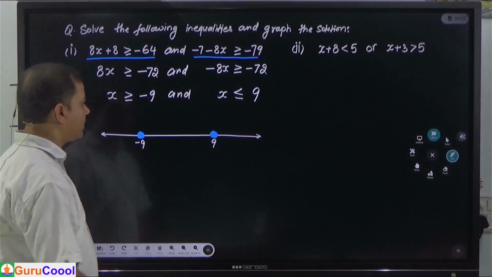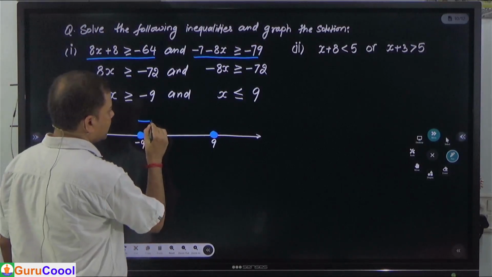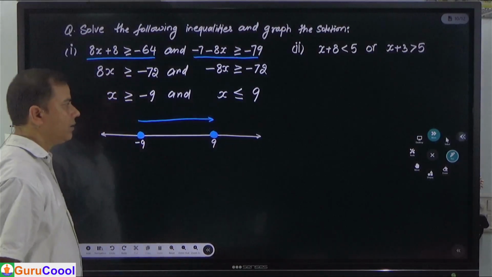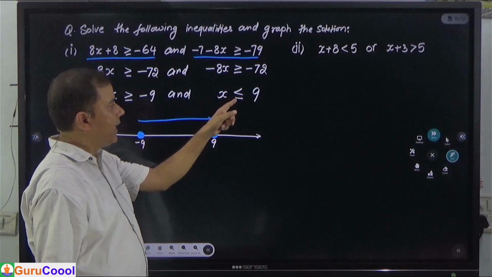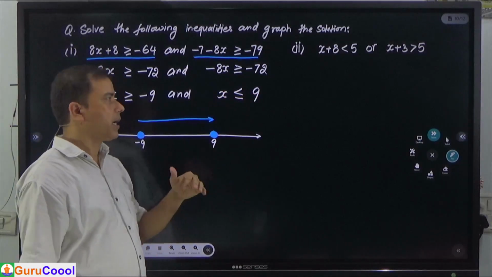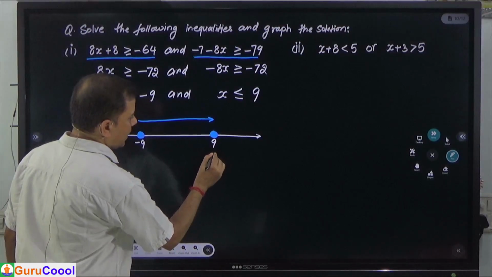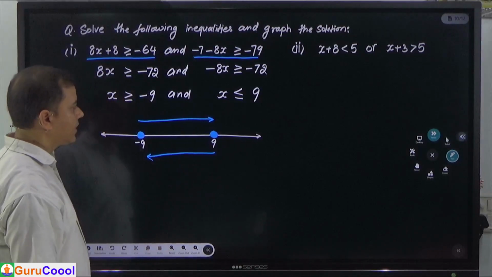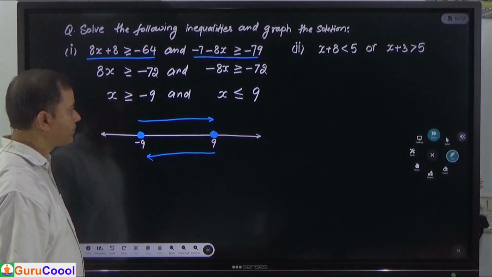So from minus 9 we go to the right side. And x can be equal to positive 9 and x can be lesser than 9. Lesser than 9 means from 9 we go to the left side. Lesser means left side, greater means right side.